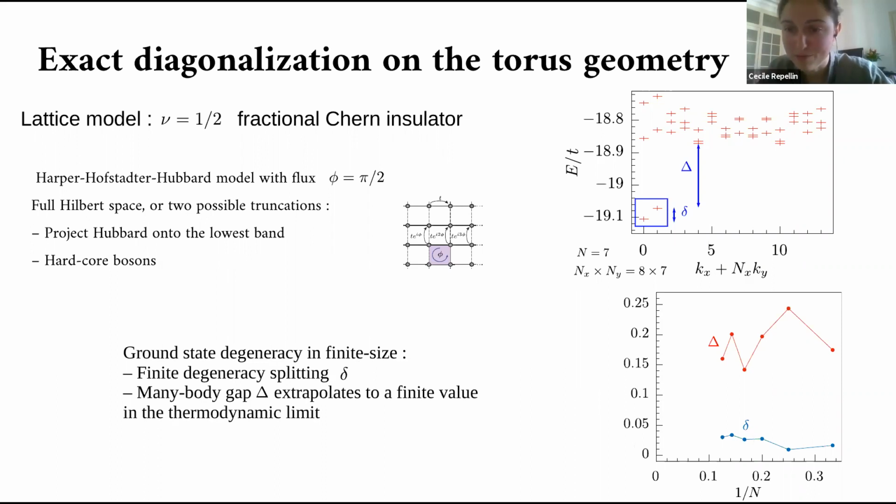We can't really do more at this stage. And the many-body gap has more finite size fluctuations. Still, it's quite convincing, or at least I'm inclined to believe that it stays finite in the thermodynamic limit.